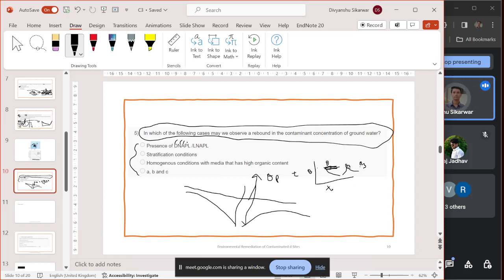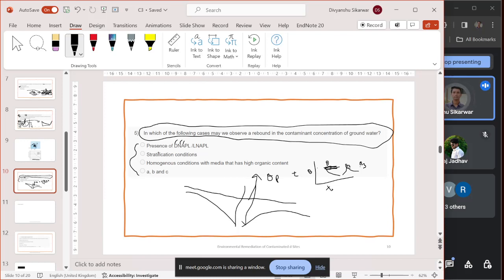The second option is presence of stratification condition. Stratification means you have different layers of soil and each layer has different properties. The next option is homogeneous condition. You don't have stratification. You have a single soil media, but you have high organic content in the soil.